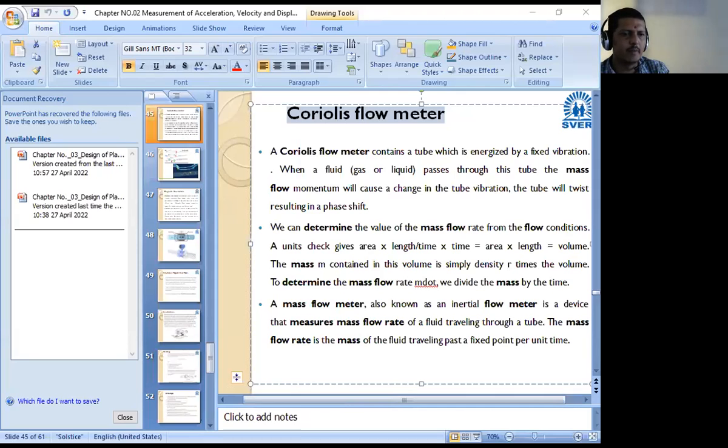The mass flow rate is the mass of the fluid traveling past a fixed point per unit time.